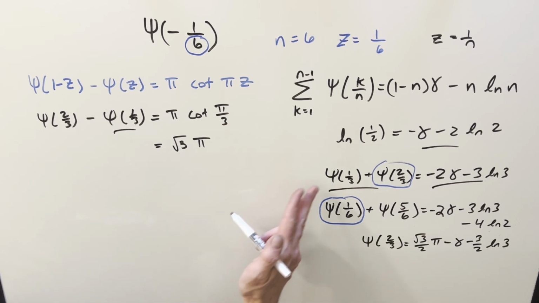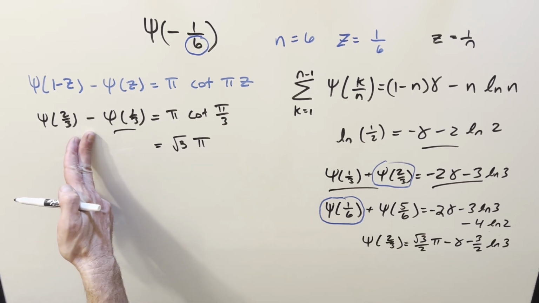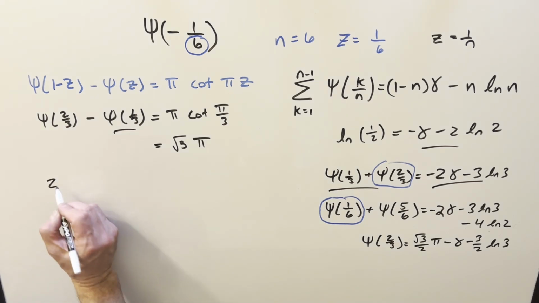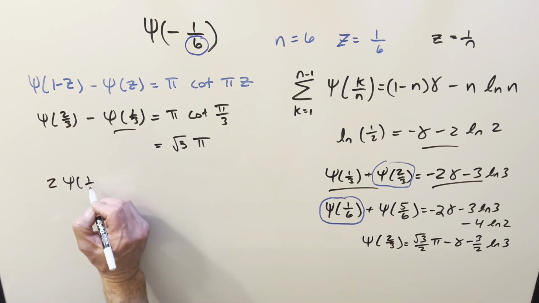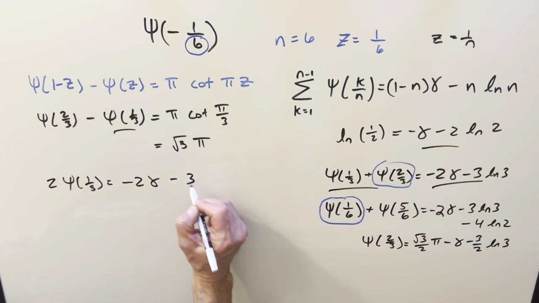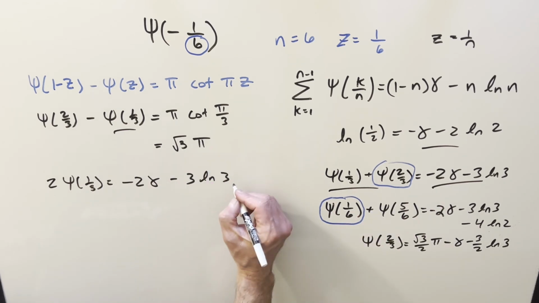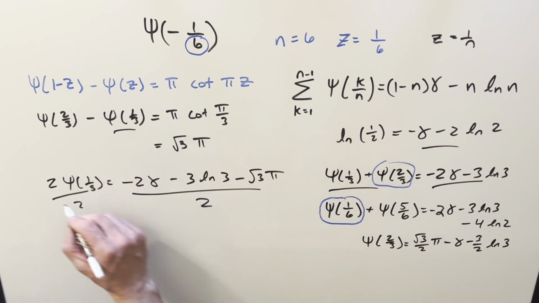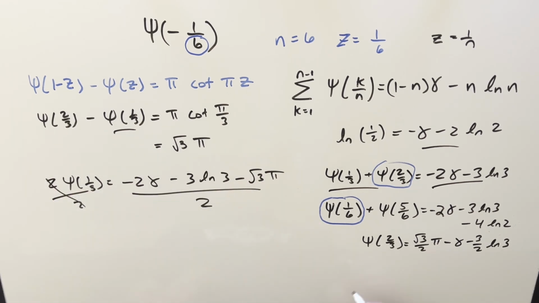Next, what I can do is take this equation and subtract this one from it. That way the digamma 2/3 cancels out. What we're going to be left with is 2 digamma 1/3. We'll start with this over here, minus 2 times the constant, 3 ln 3, minus this. Again, divide by 2. And now we've got our value for digamma 1/3.